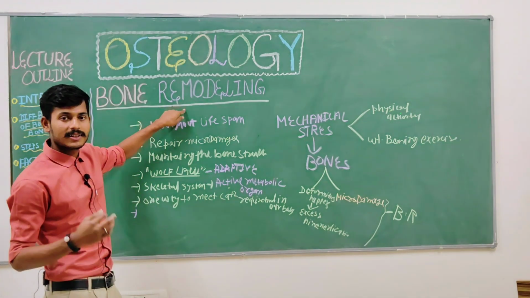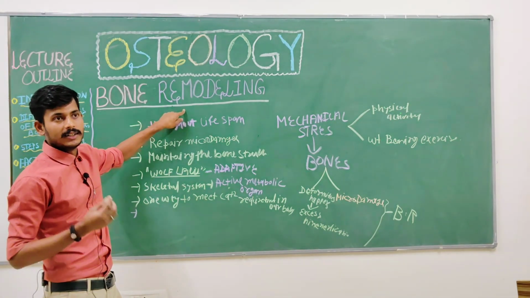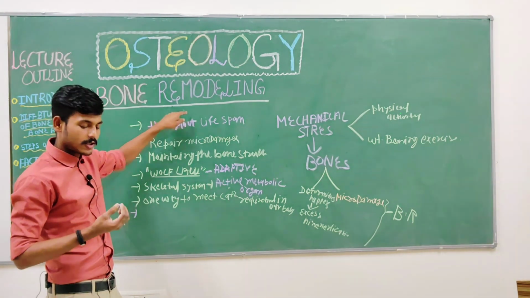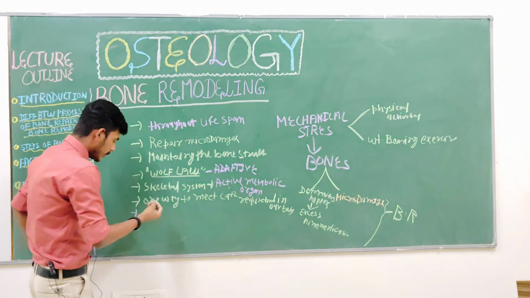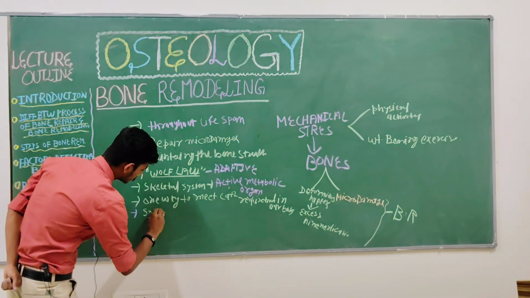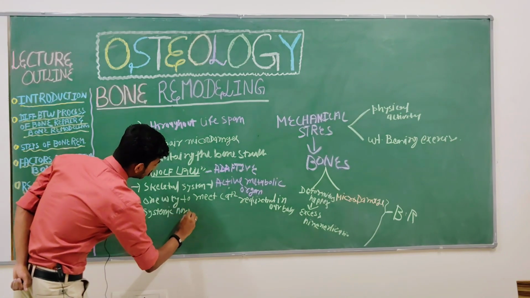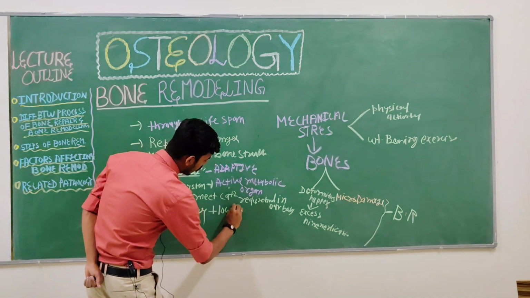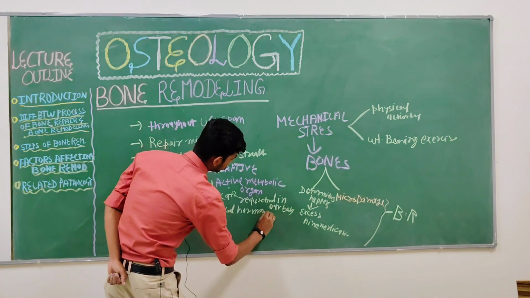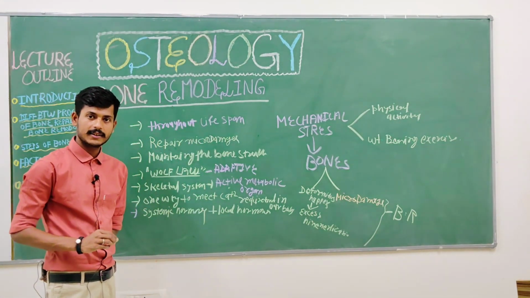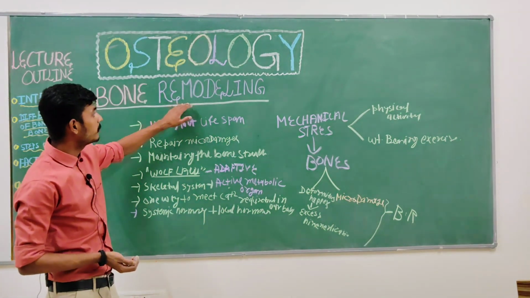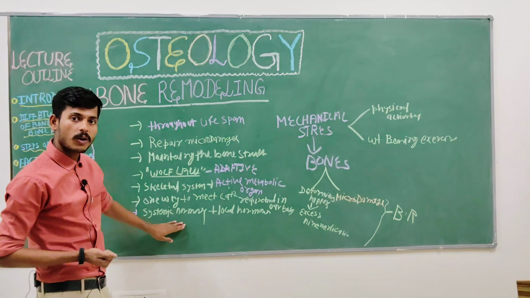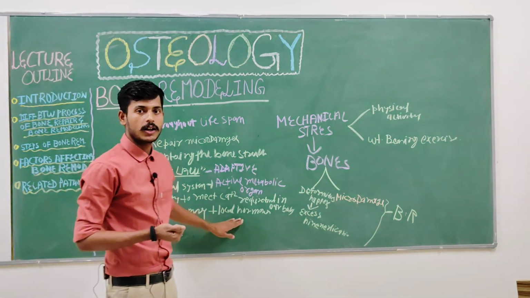Bone remodeling is dependent upon the circulation of hormones, both systemic hormones and local hormones. Understanding? Let me repeat it once again. Bone remodeling can be affected by systemic hormones and local hormones.